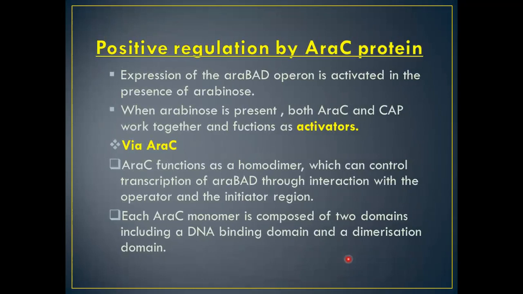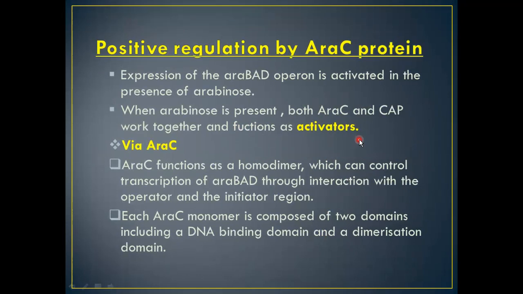Positive gene regulation by ara-C protein: the expression of the ara-BAD operon is activated in the presence of arabinose. When arabinose is present, both ara-C and CAP work together and function as activators. It can follow 3 to 4 ways. The one which I'll be discussing mainly is ara-C.